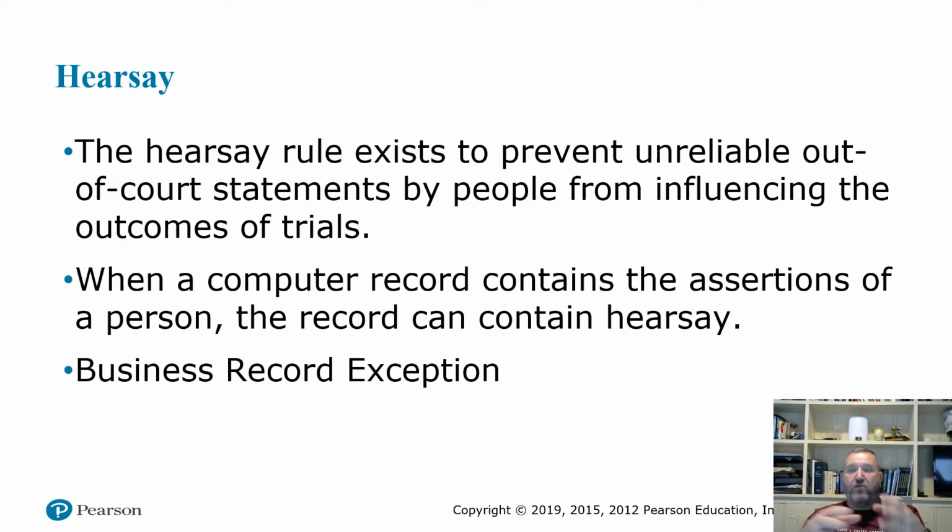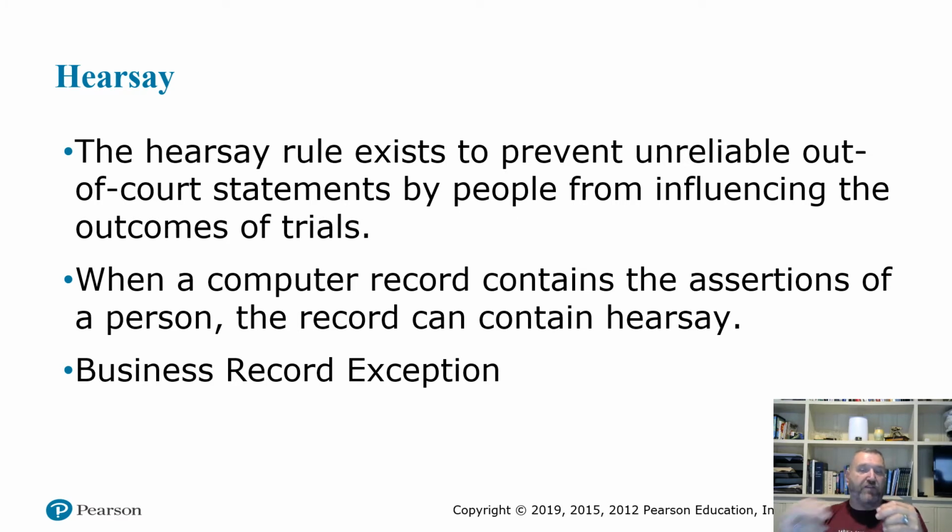The hearsay rule exists to prevent unreliable out-of-court statements by people from influencing the outcomes of trials. When a computer record contains assertions, the record can contain hearsay. So here we have things where someone might make a recording. You may have other records that are used on the computer to say a person did something. And these can all be a part of the hearsay rule.